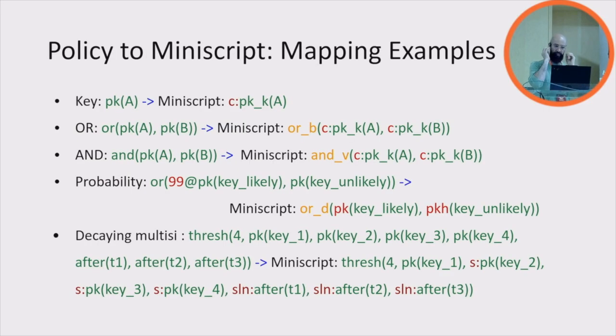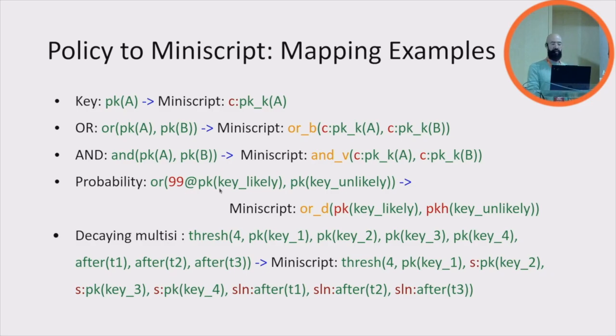If we have key in the policy, it will be translated to Miniscript, something like that. The C is for check. It's the check wrapper, and pk_k is the command to check the signature of the key. The same for or, and we can see and will be translated to and_v, and the probabilities we talked about before.